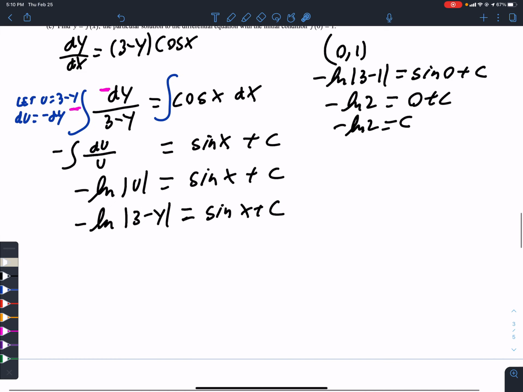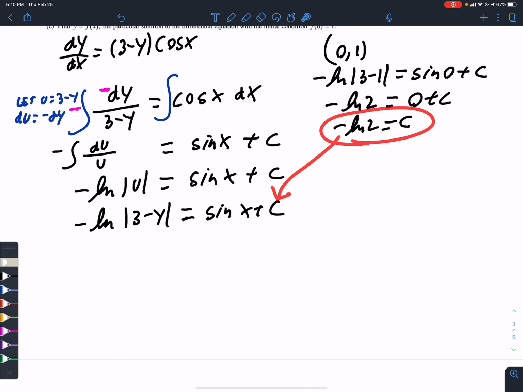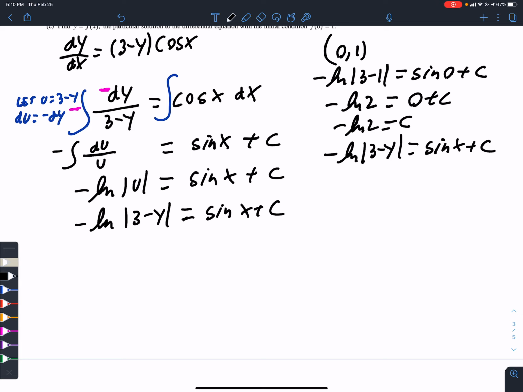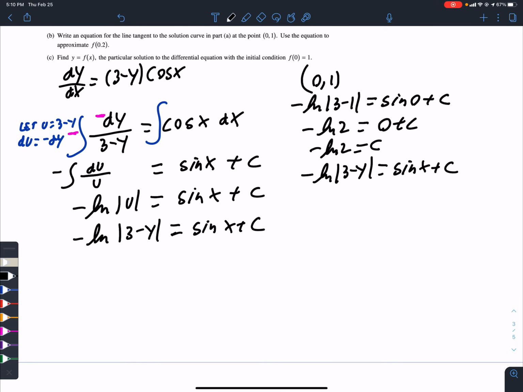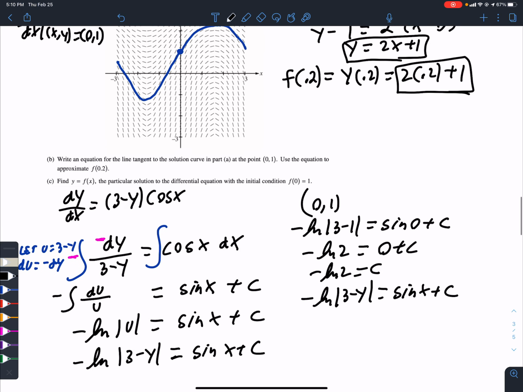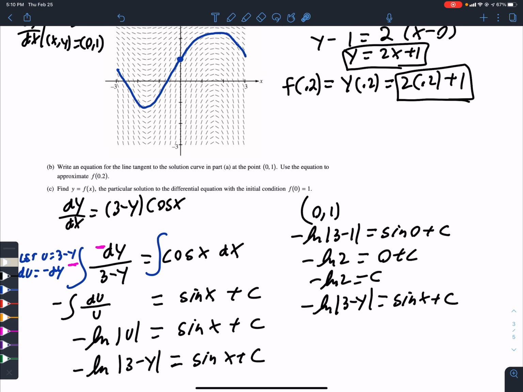Now we're going to put that c into our function here. So therefore, we're going to get opposite ln 3 minus y equals sine x plus c. Now, if we had the slope field for, oh, we do have the slope field for this. There is one particular solution that goes through 0, 1. It's this blue line.